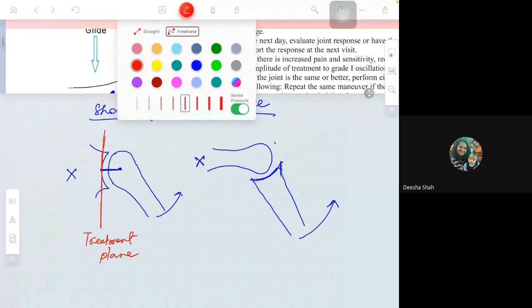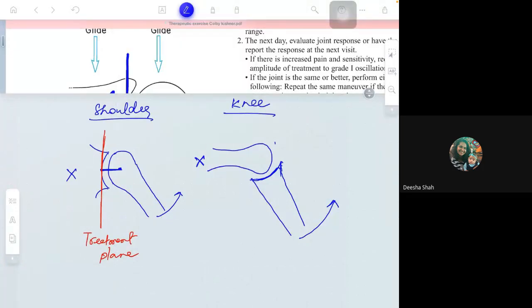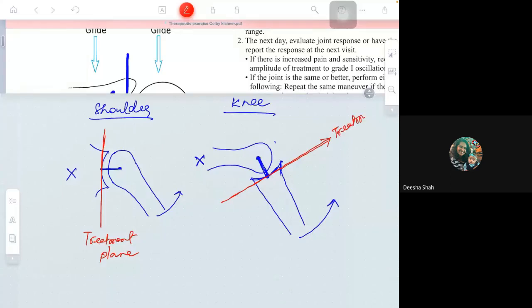One point you take is the midpoint of the axis of rotation. Second, you take the midpoint of the concave bone and join this line. Now what will you do? You will draw the perpendicular line to this first line. So this is the perpendicular line. Now this line is called the treatment plane. Are you clear till now?